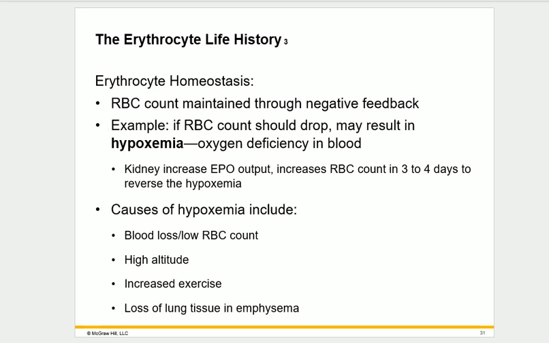So if you guys remember negative feedback loops from Anatomy 1, red blood cell count is maintained through a negative feedback loop, so it continues to happen. If red blood cell count should drop, it could result in hypoxemia, so oxygen deficiency in blood.